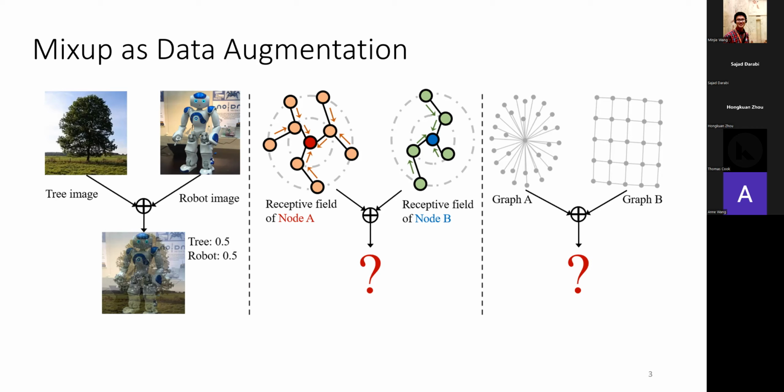Otherwise, if it is not some interpolation-like attack, for example, it is some random erasing or cutout in the image community, I mean, some just remove some edges or remove some nodes. So in this sense, it may not work in a similar way to the mix-up. And maybe in this sense, some other augmentation methods could help to improve the robustness.